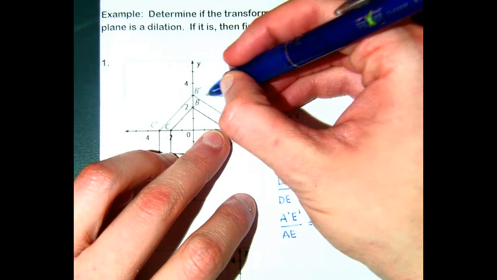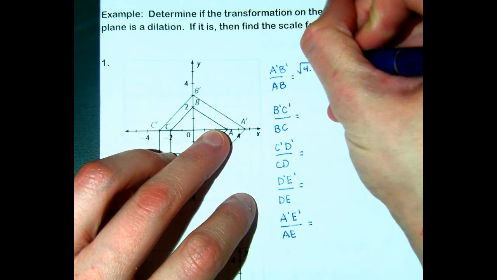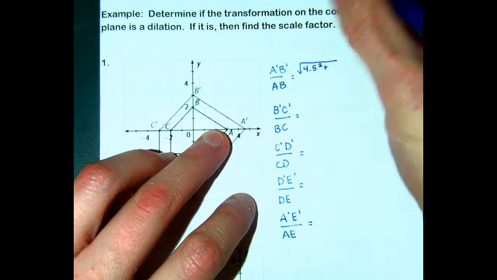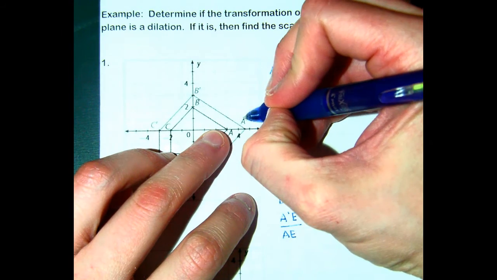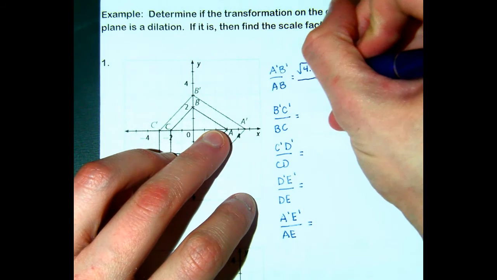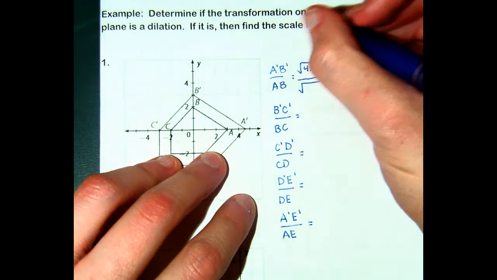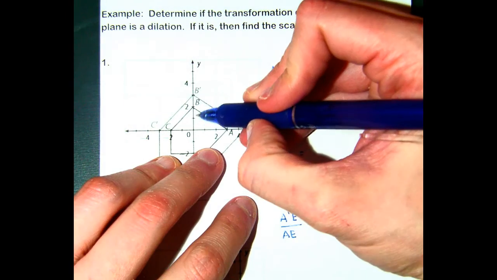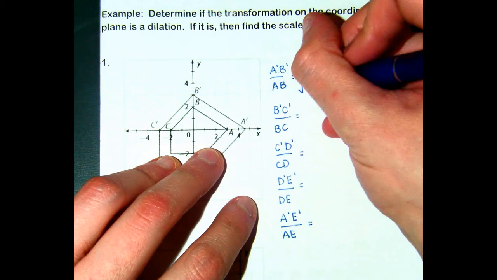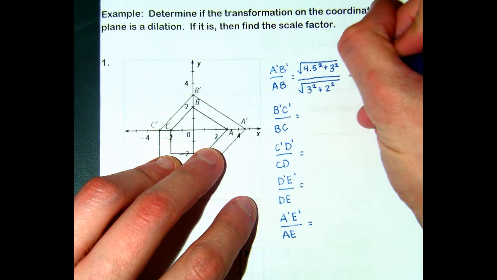My x, 1, 2, 3, 4 and a half, squared, plus 1, 2, 3 squared, over the x is 1, 2, 3, plus 2 squared.